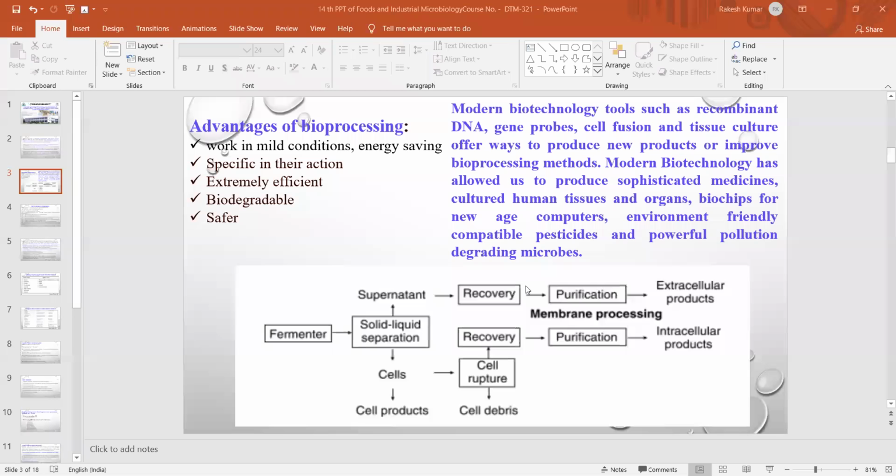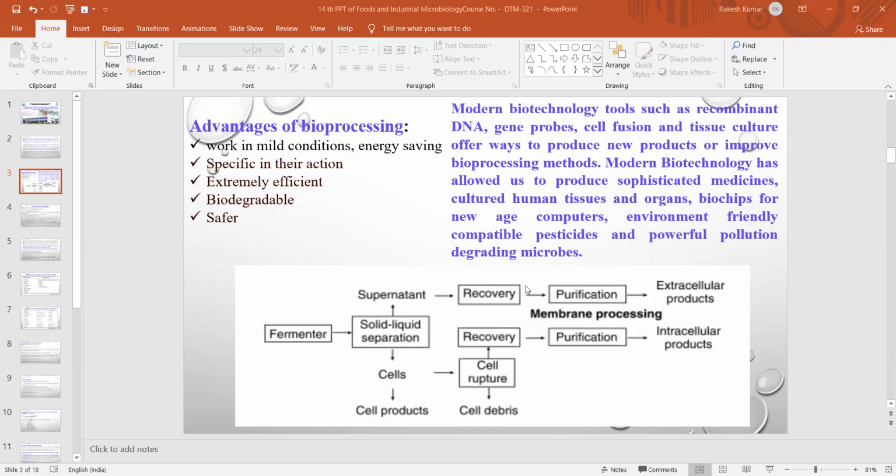Modern biotechnology has allowed us to produce sophisticated medicines, cultured human tissues and organs, biochips for new age computers, environmentally friendly compatible pesticides and powerful pollution-degrading microbes. So people have started doing a number of different types of work with the help of these bioprocessing methods.